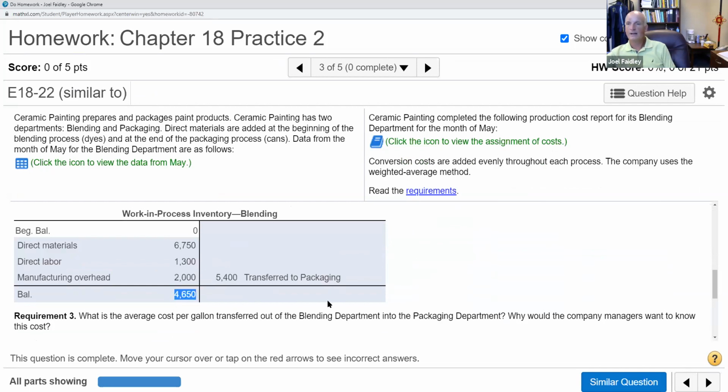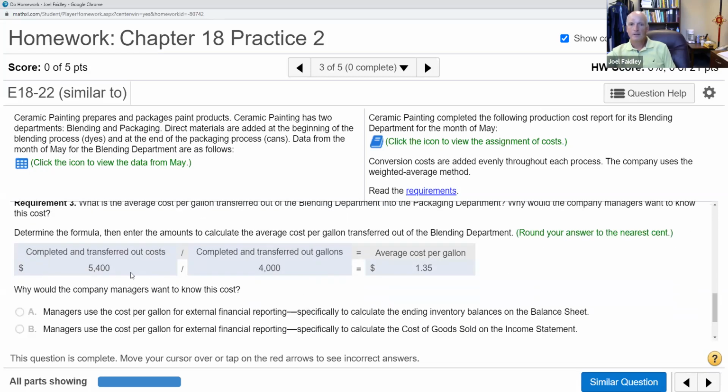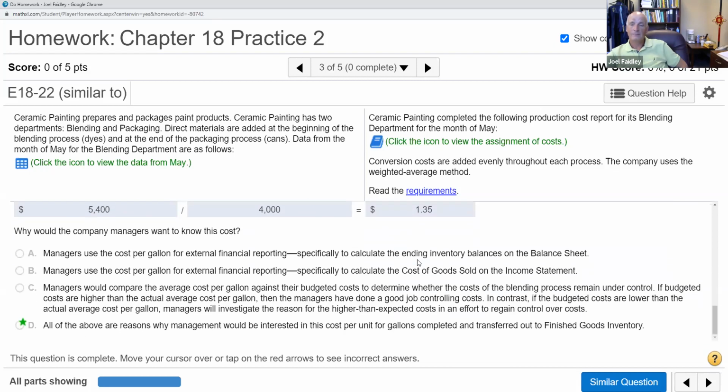And so that says my ending inventory for work in process in dollars is $4,650. And what is my cost per gallon? 5,400 divided by the units transferred out, $1.35. So see how this helps you in seeing what your costs are. Make smart business decisions.